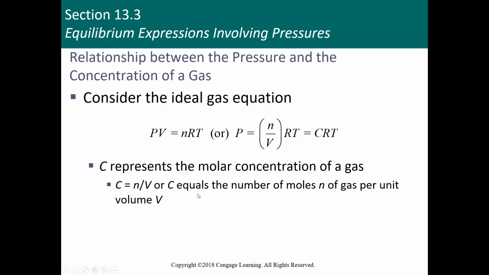C, which is moles over volume, is again the moles of a gas per unit volume V. Notice this moles in this gas, in this case we're really talking about a single species, so keep that in mind.